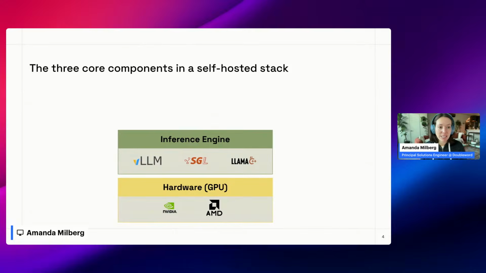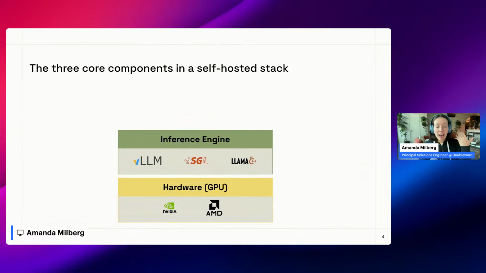There's a bunch of interesting inference optimization techniques that these inference engines provide, but you do have to configure it to squeeze the most out in terms of whether you're prioritizing latency or throughput, which does become a little bit complicated.